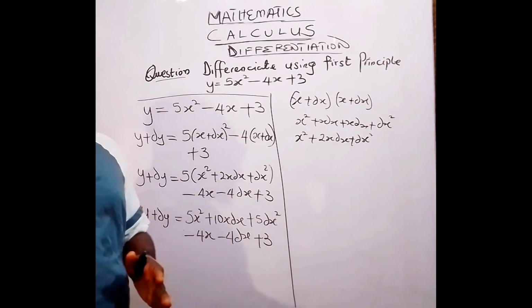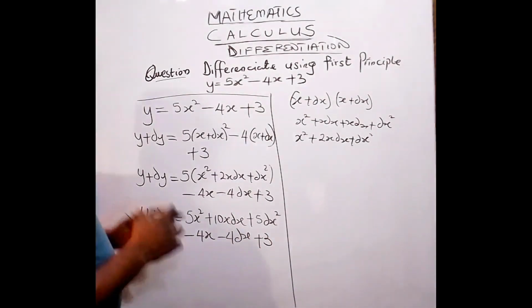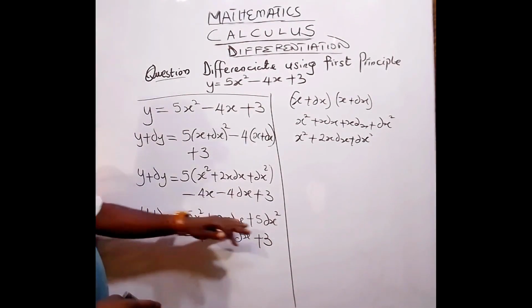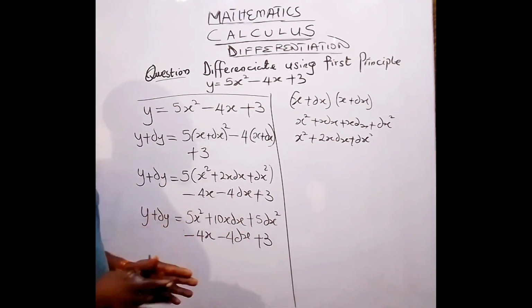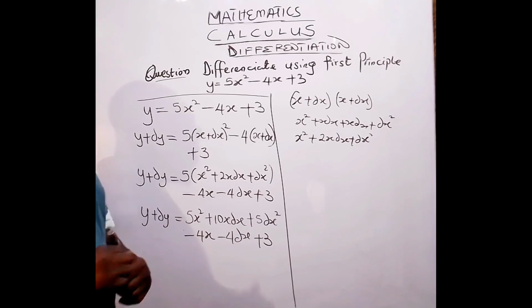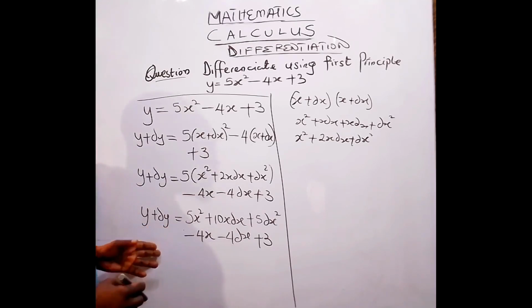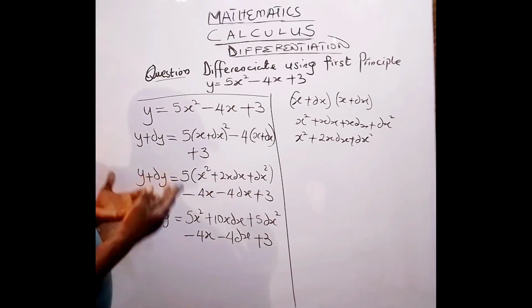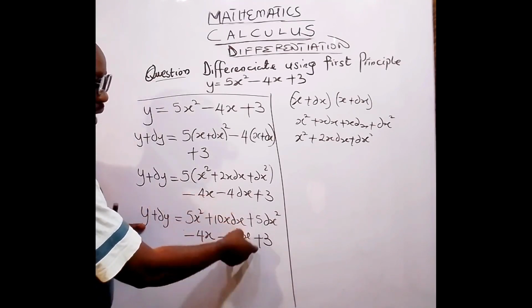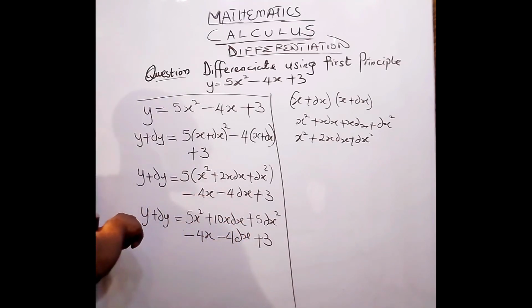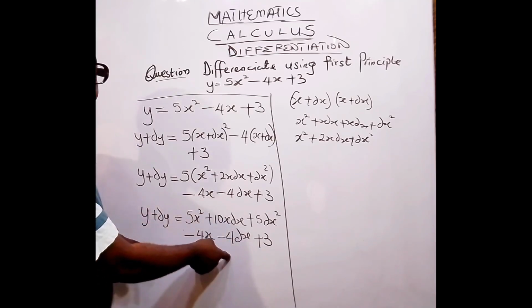I think you're clear with what I'm doing now. Good. At this stage, with all the values opened up, the next step is to find the value of delta y alone. What we have here is y plus delta y, but we are interested in delta y. So I'm going to transfer this y to the other side. It has a positive sign, so when it comes here, it becomes negative.